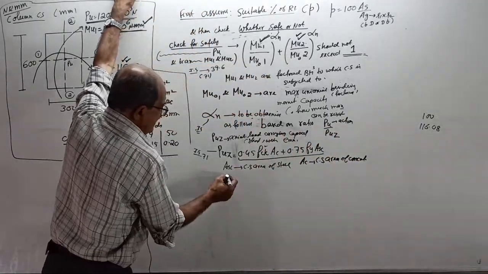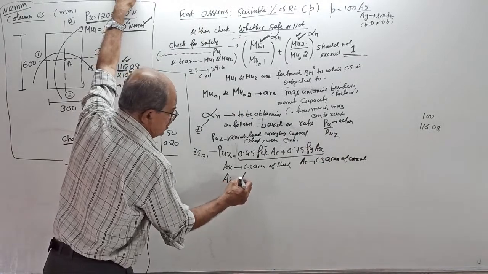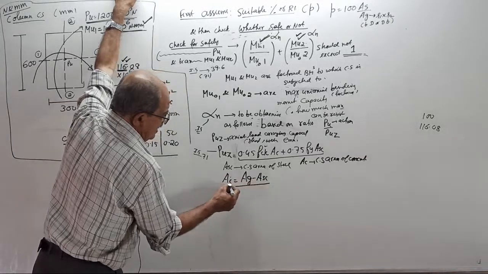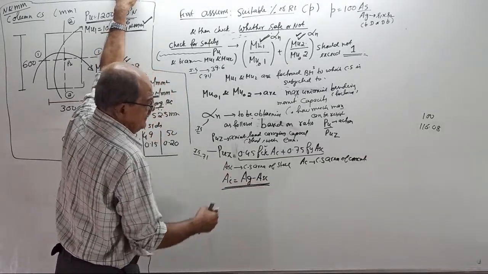Remember, AC is always equal to gross area minus area of steel.